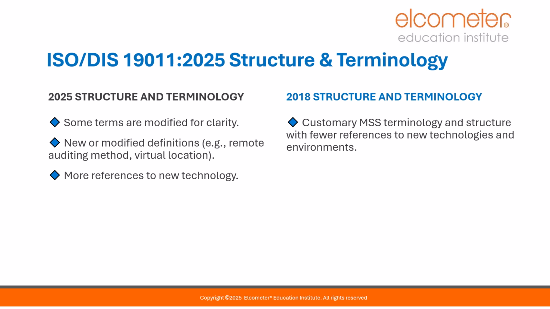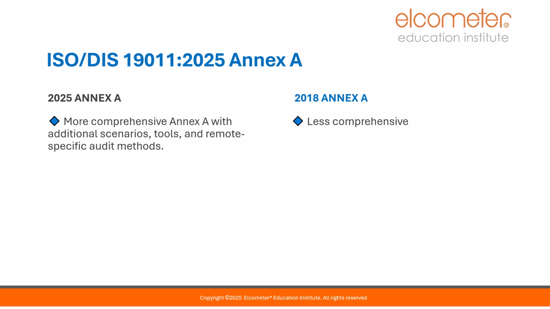In comparison to the 2018 version, which addressed customary management system standards, terminology, and structure, but had minimal references to new technologies and environments, Annex A of the 19011-2025 version has been significantly updated to reflect modern audit practices, especially considering the increase of use of technology, the evolving risk landscapes, and the integrated management systems.